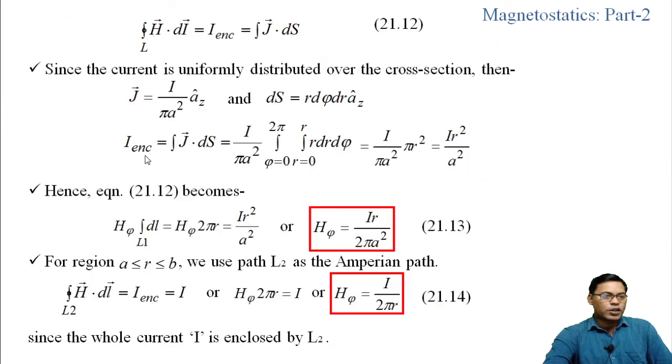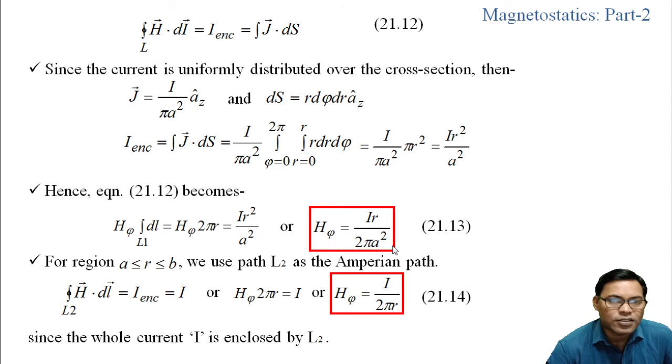That expression H dot dl gives us H phi 2 pi r, which equals the I enclosed, that is I r square by a square. So from that we get H phi equals I r by 2 pi a square. This is the magnitude of the magnetic field intensity for case 1, where the region we have considered is 0 less than or equal to r less than or equal to a.